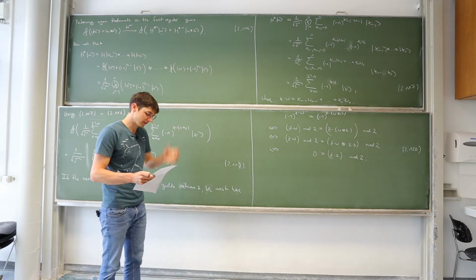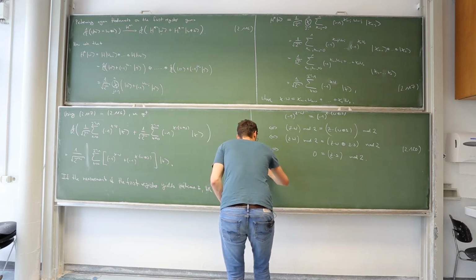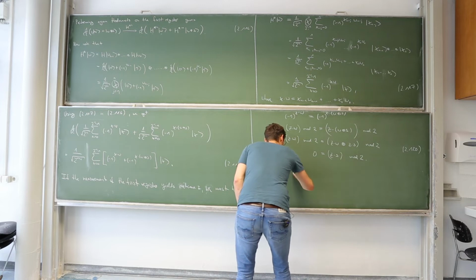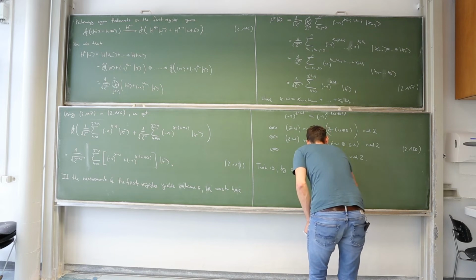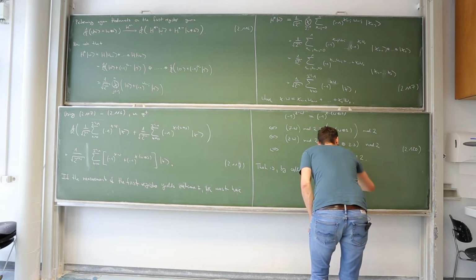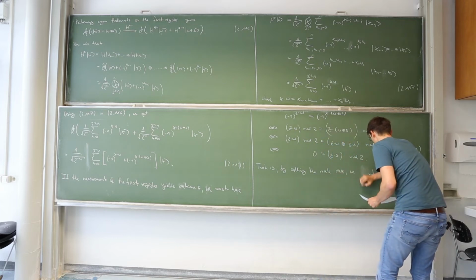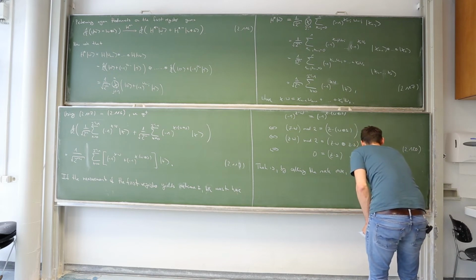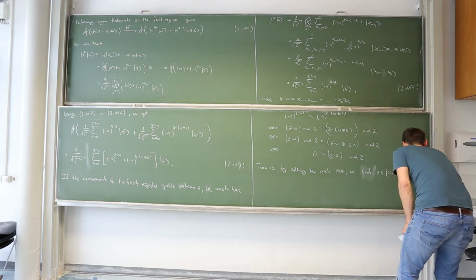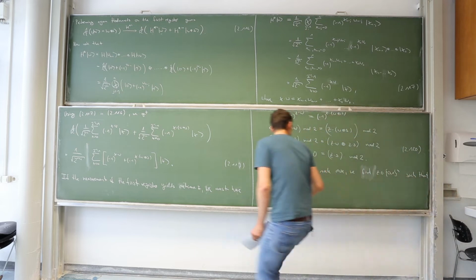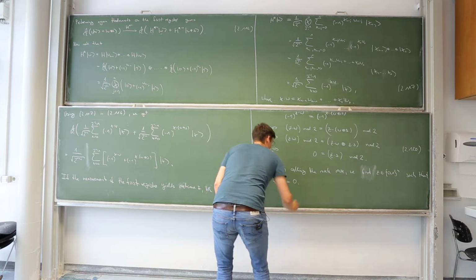And so let's write this down. By calling the oracle once, we find z such that z times s modulo 2 is equal to 0.